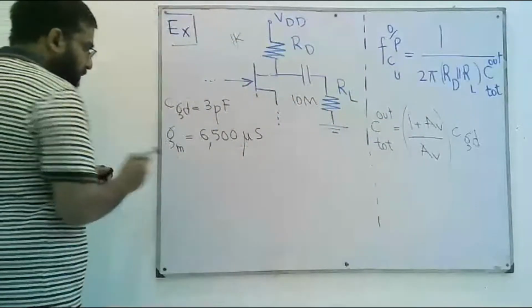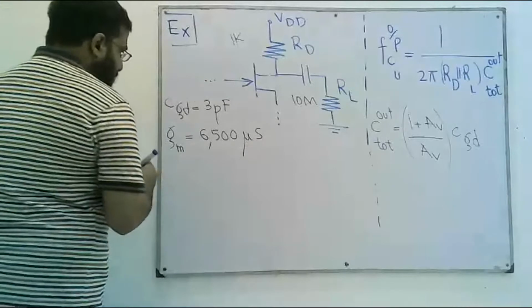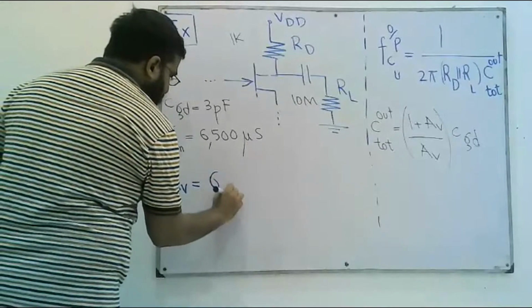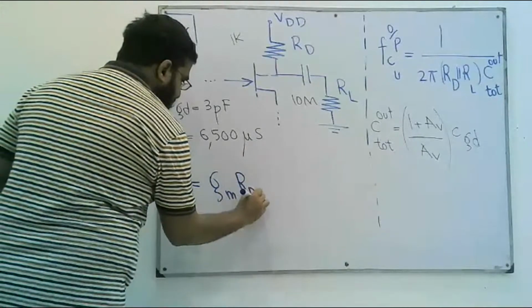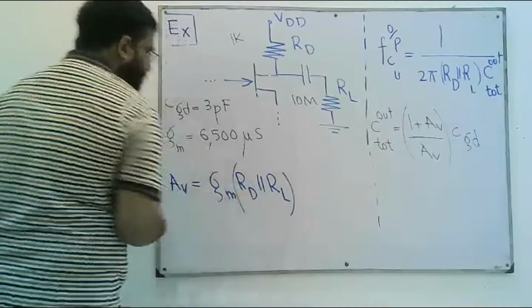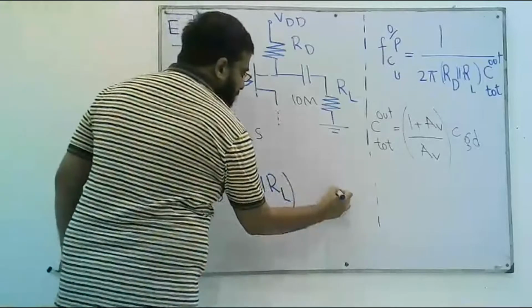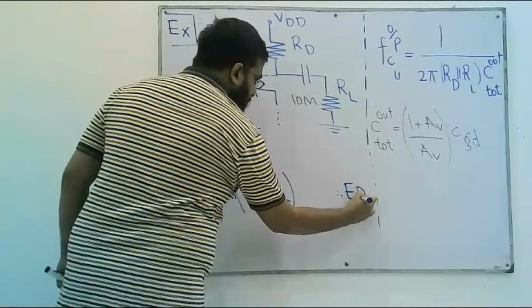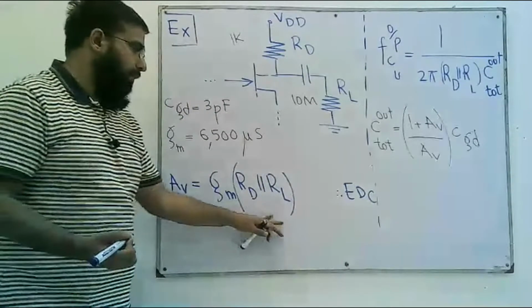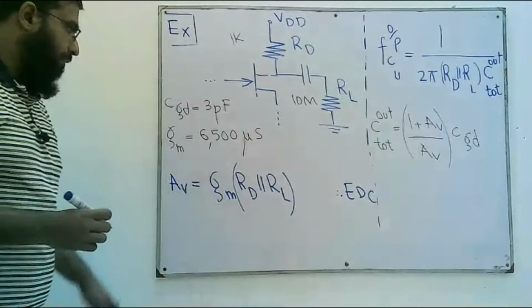Computing AV is simple. We know AV for a common source FET amplifier is this; we studied that in the EDC course: GM times RD in parallel with RL.